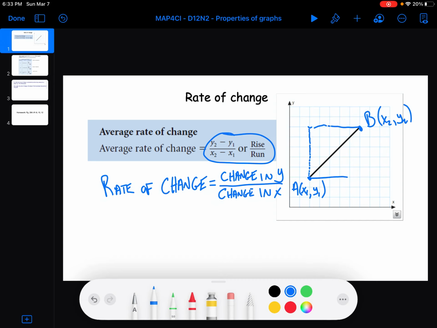Now you can make this triangle, but a lot of people get it wrong because they do run over rise. So I always go up first, then over. So rise over run. Okay, so if we look at this, we've got our y values, y2 minus y1. Got our x values, x2 minus x1.